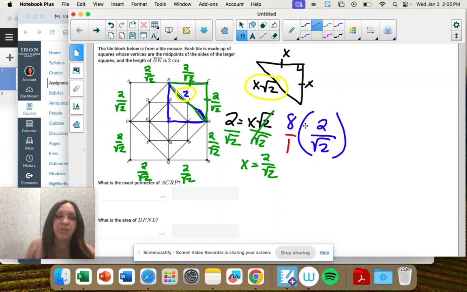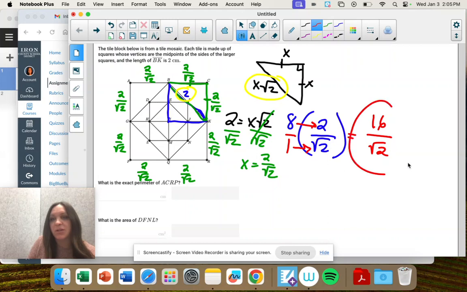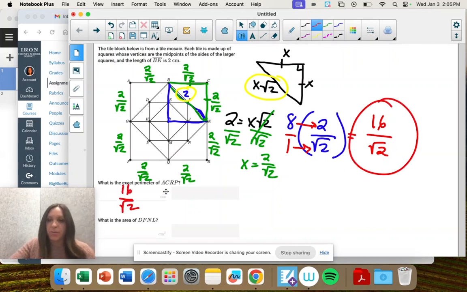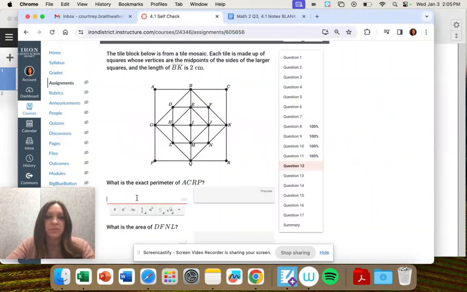Okay, if I make 8 a fraction, we multiply the numerators. 8 times 2 is 16. And then multiply the denominators. 1 times the square root of 2 is just the square root of 2. So that's my perimeter: 16 divided by square root of 2.